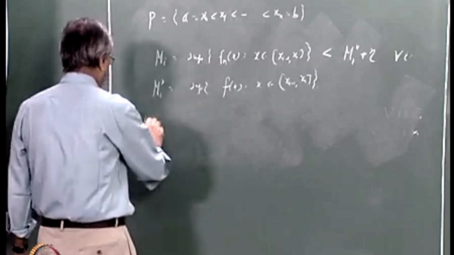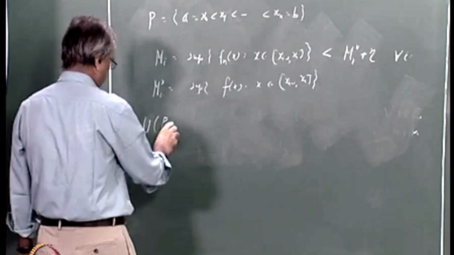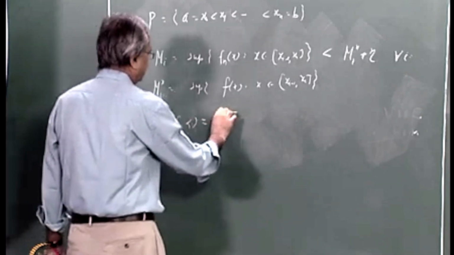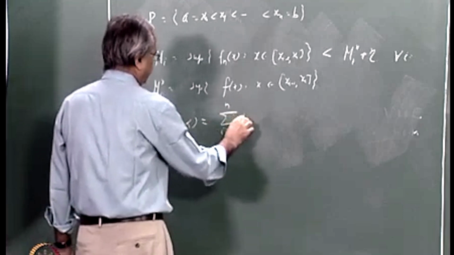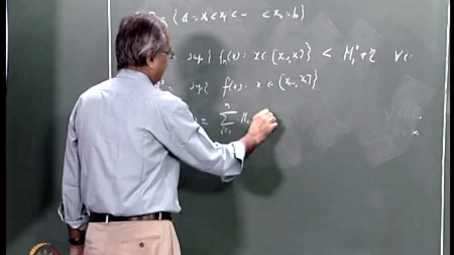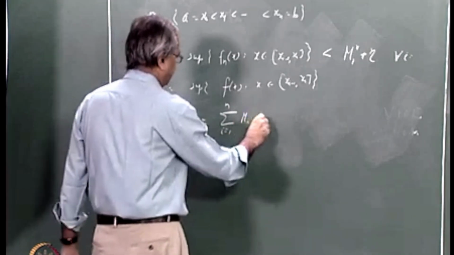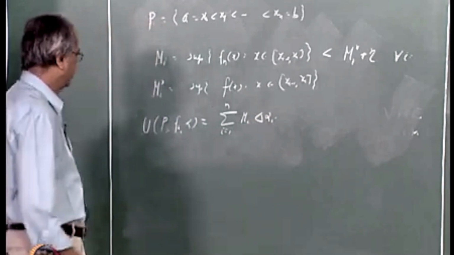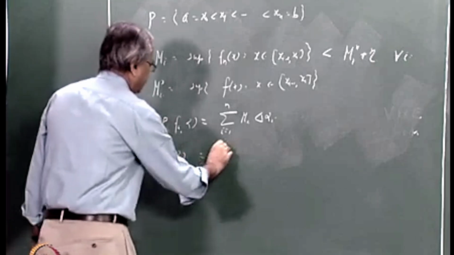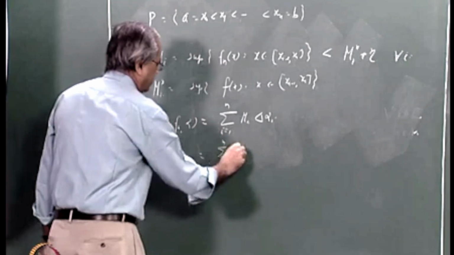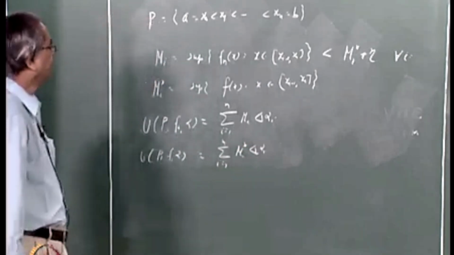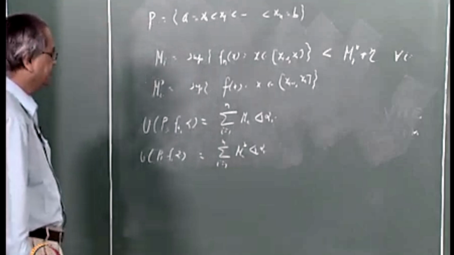Then if we look at U(P, f, alpha), or let me write U(P, f_n, alpha), that is nothing but sigma i going from 1 to n of M_i into delta alpha_i, and U(P, f, alpha) is sigma i going from 1 to n of M_i star into delta alpha_i.